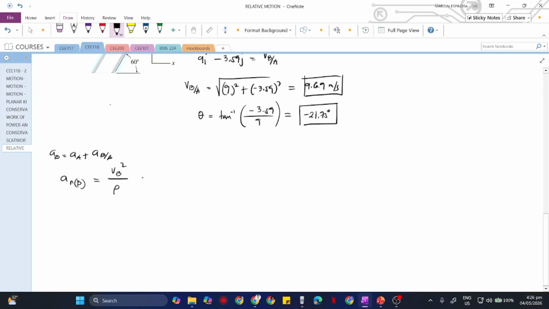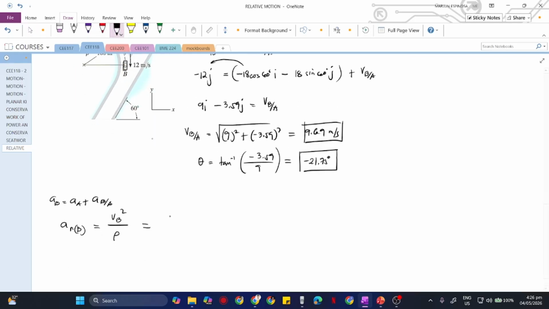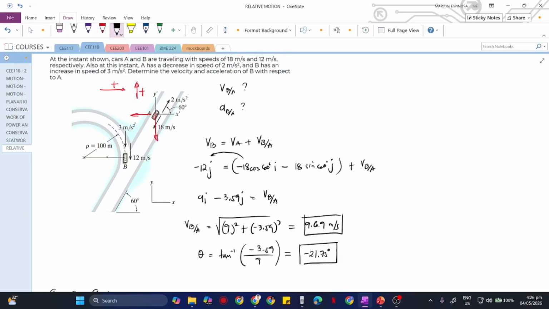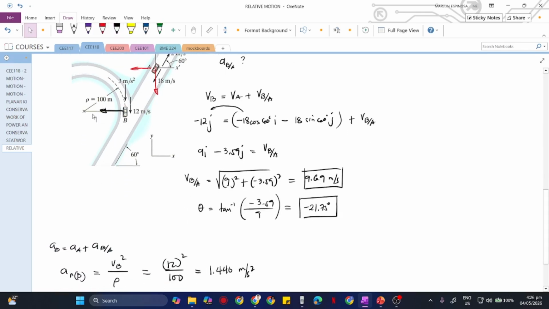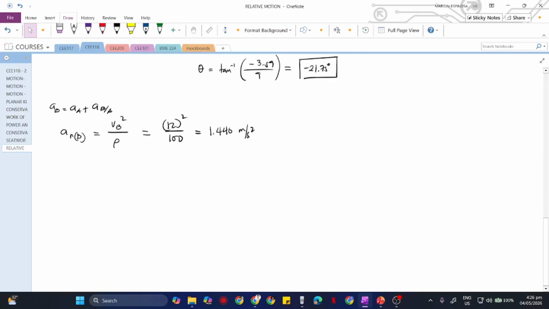The velocity of B is 12, so 12 squared over 100 gives you 1.440. You can check that later. In which direction is this? The normal acceleration is always towards the center, so that becomes negative, since it points toward negative I. So the acceleration at B is negative 1.440I.